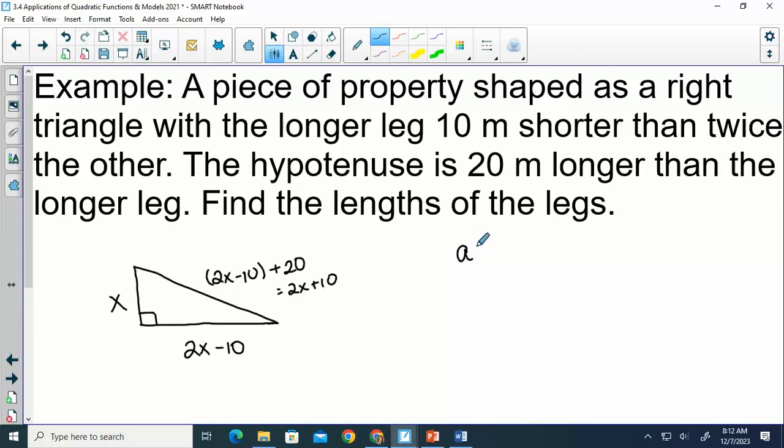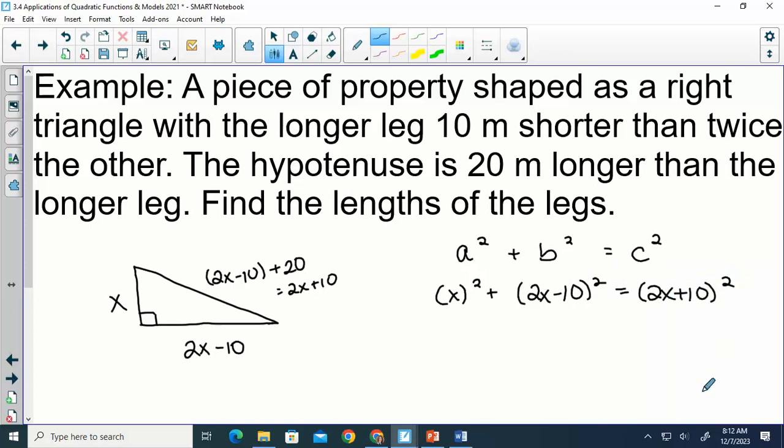Pythagorean theorem. Because I didn't tell you perimeter or area or anything like that. But we know that in a right triangle, Pythagorean theorem works. So I would have x squared plus (2x minus 10) squared equals (2x plus 10) squared.